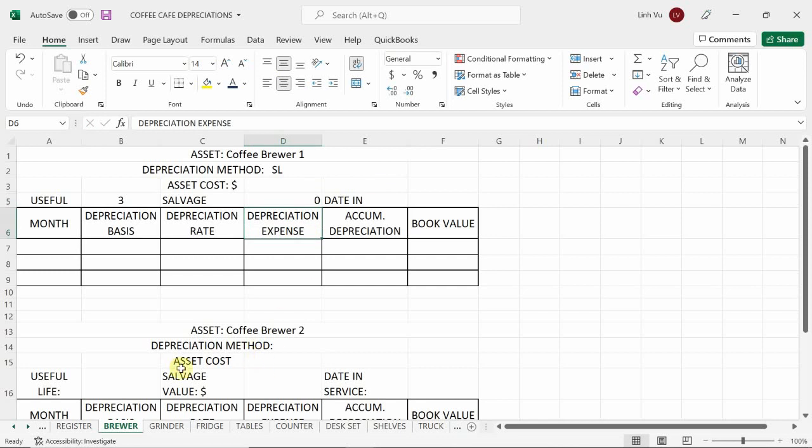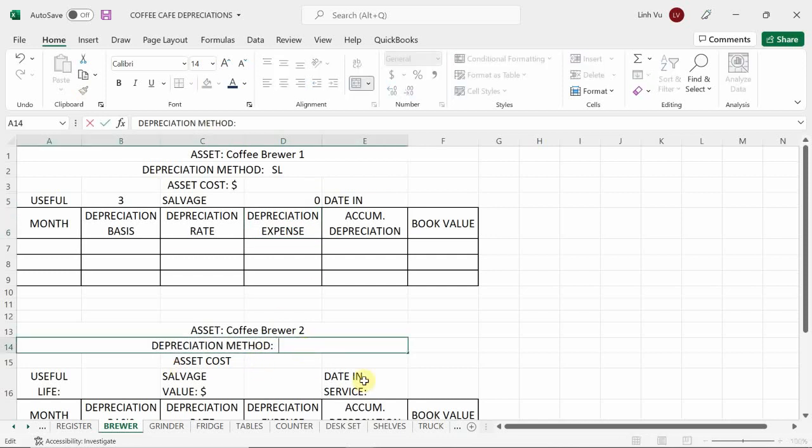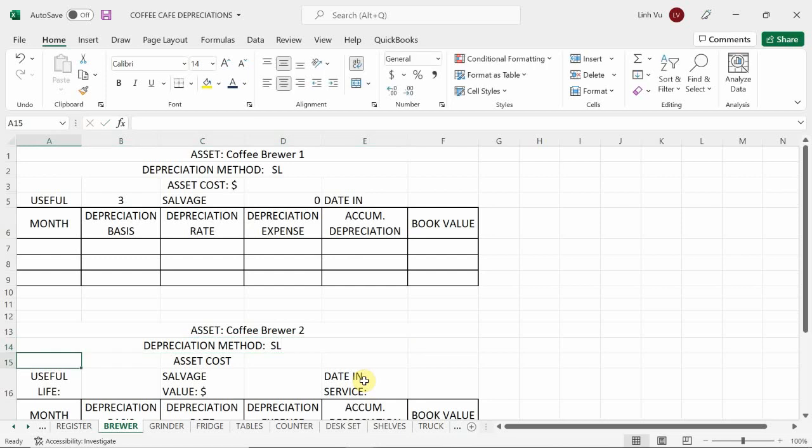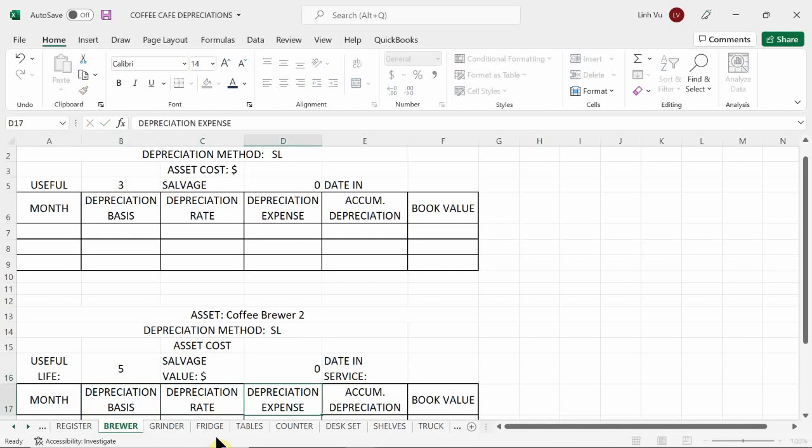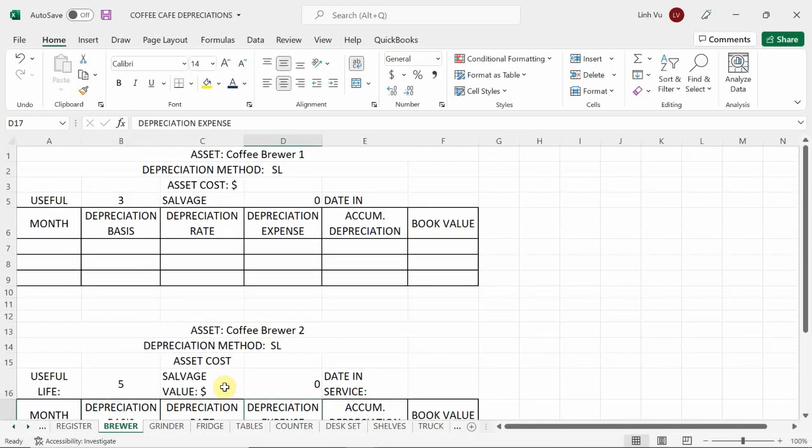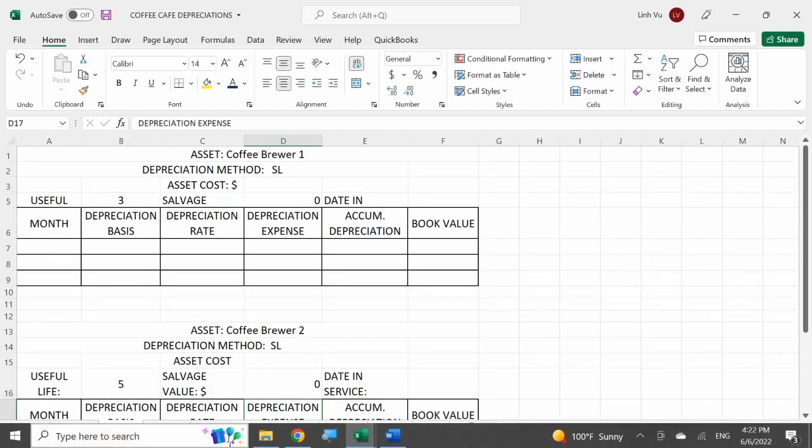And for the second coffee brewer, we're still using straight line, and it has 5 years remaining with no salvage value. So now we need to figure out what those costs are.